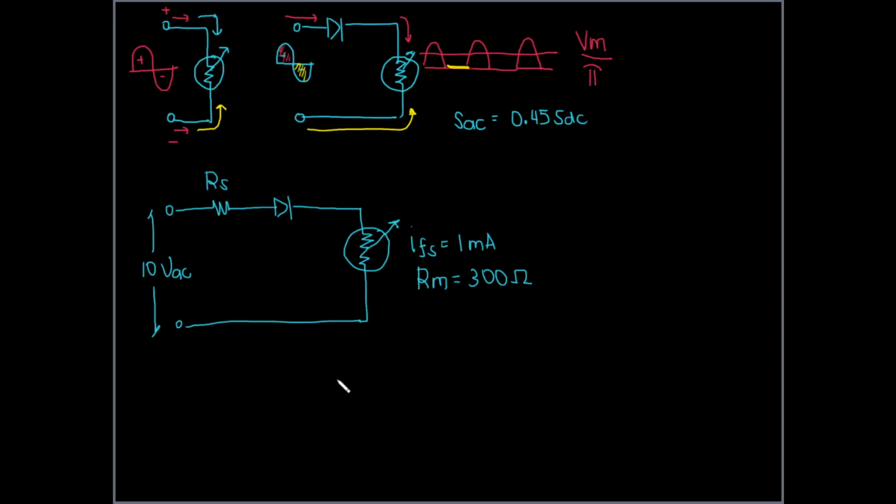So it's as if it's a short circuit during the forward biased condition. So taking all of those into account, the first thing that we must keep in mind is that the parameters of the meter movement are always given in DC. When it's talking of the full scale current here, which is 1 mA, that 1 mA is a DC value.